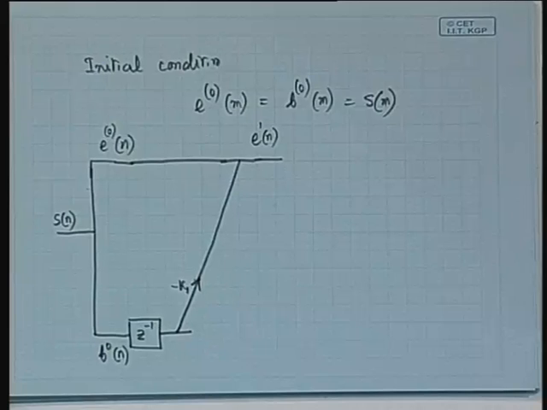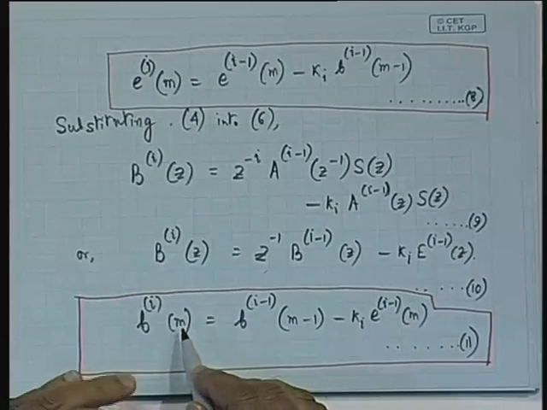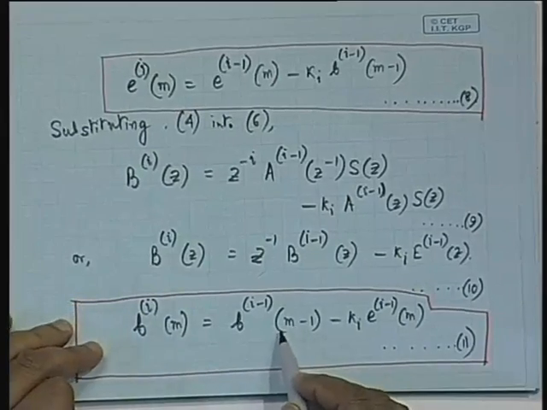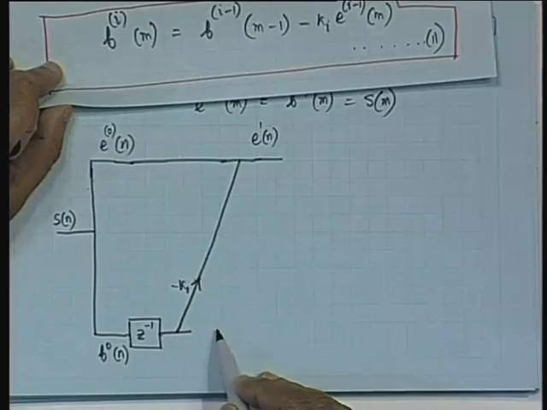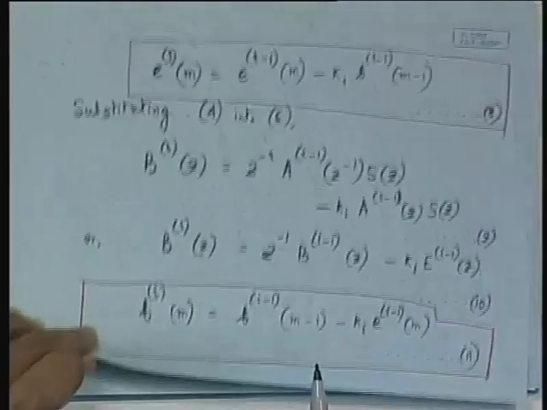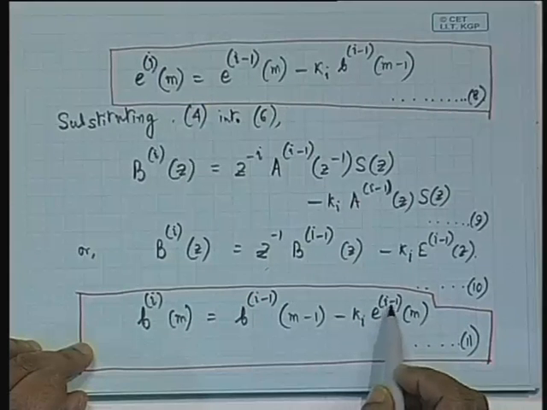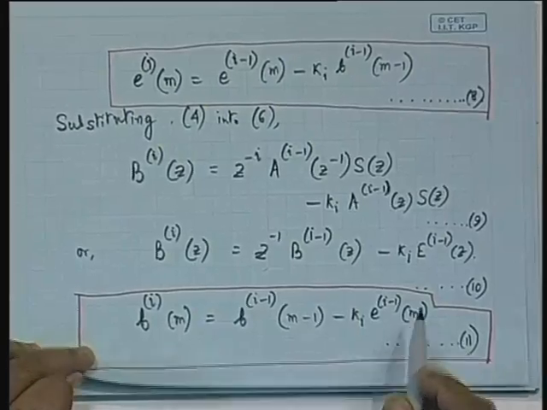So, here we get E1 of n, and now let us try to get the other part, that is to say B1 of n. To get B1 of n, what we need? We need B0 of n minus 1, we already have it, at the lower arm. And we also need to get minus Ki E0 of m, E0 of n rather.